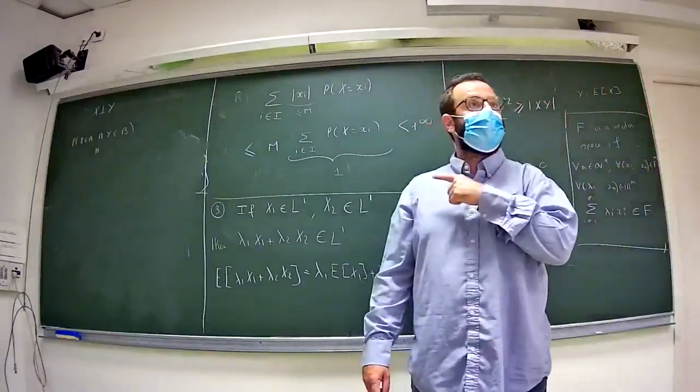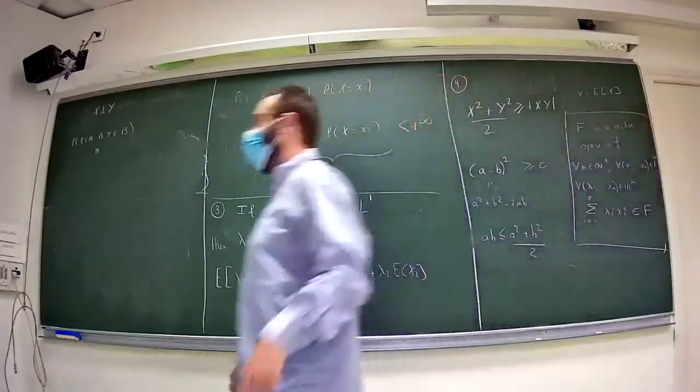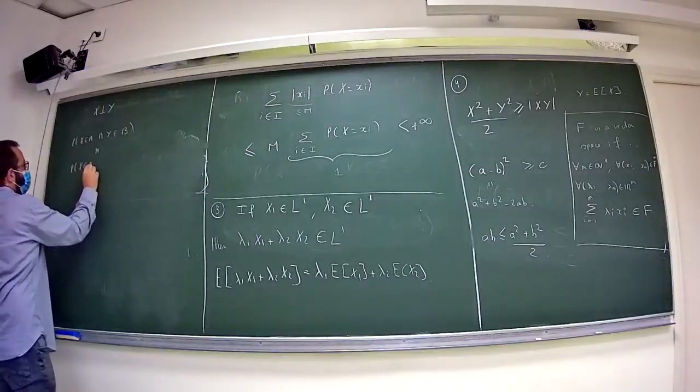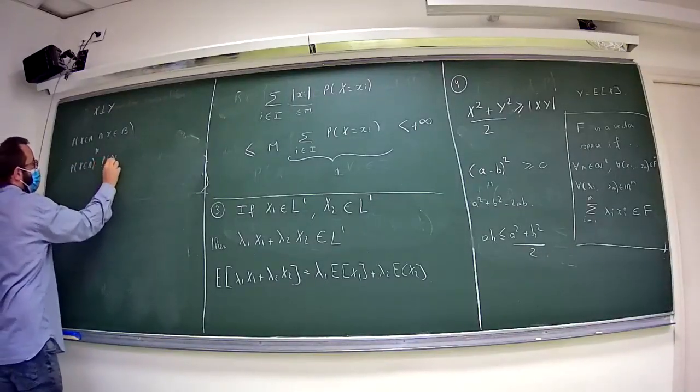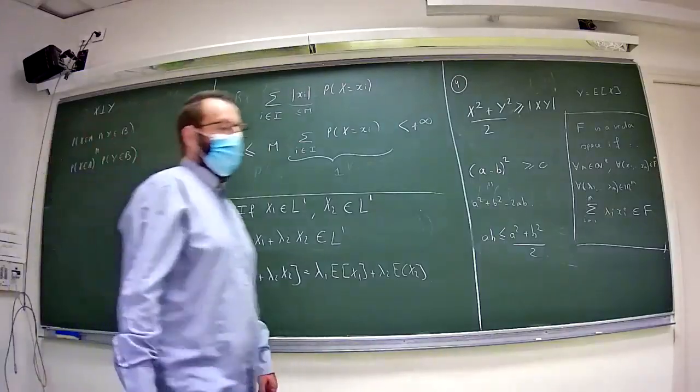The product. The probability of the intersection is equal to the product of the probabilities. This is the independence between random variables.